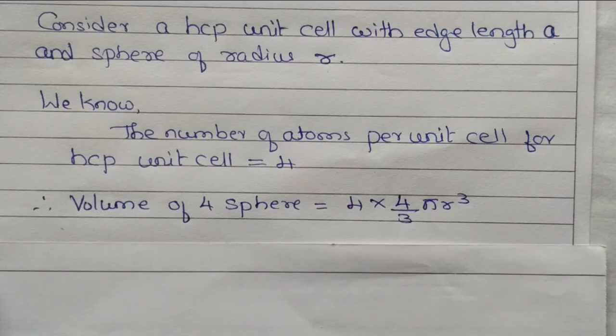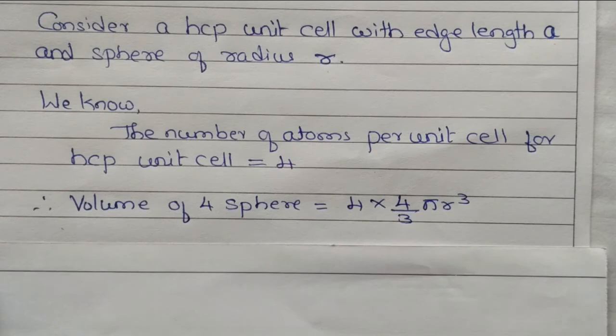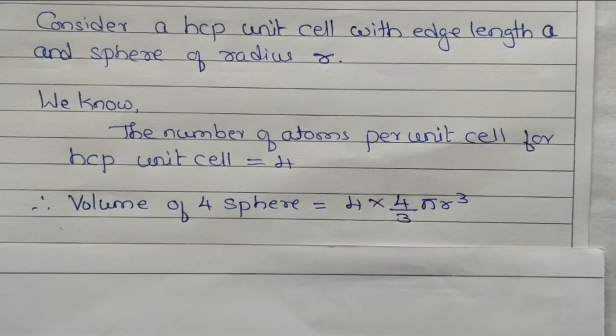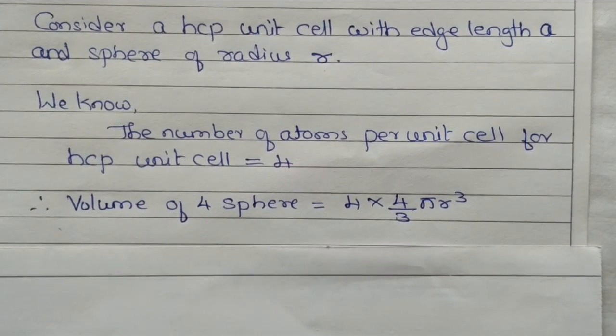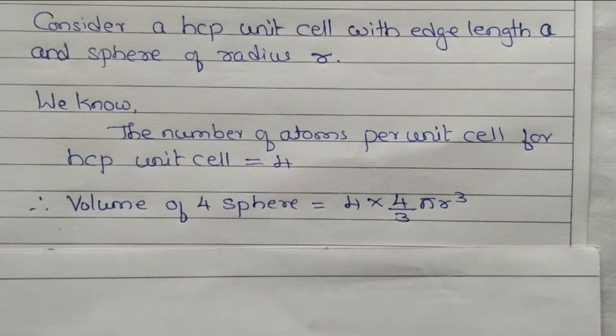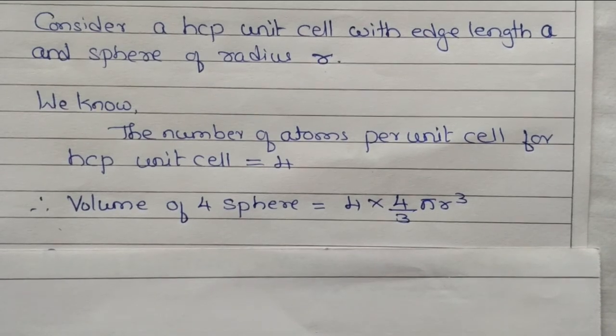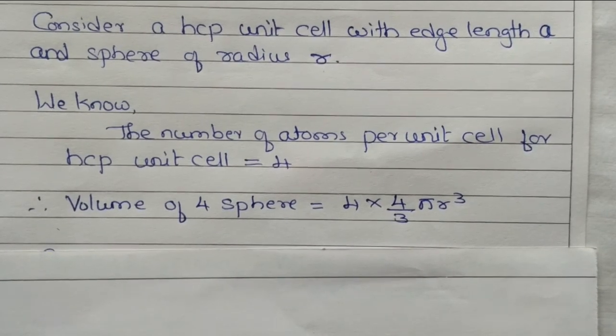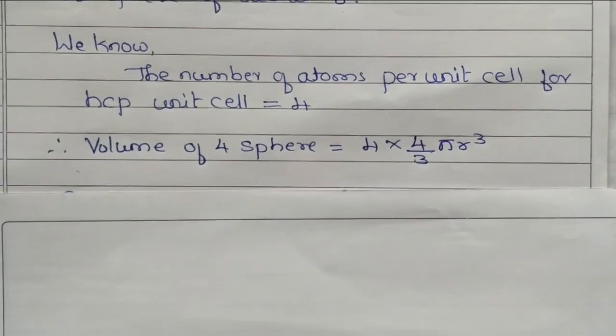Next, writing the formula of packing efficiency: packing efficiency equals the volume of 4 spheres divided by the total volume of the cube, into 100. That is nothing but the percentage.